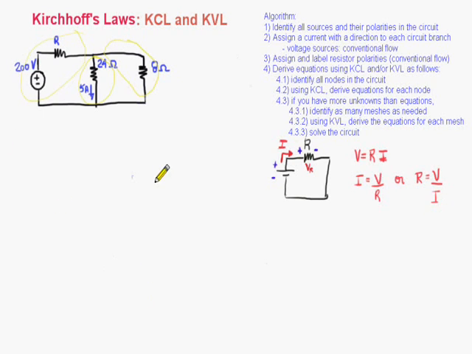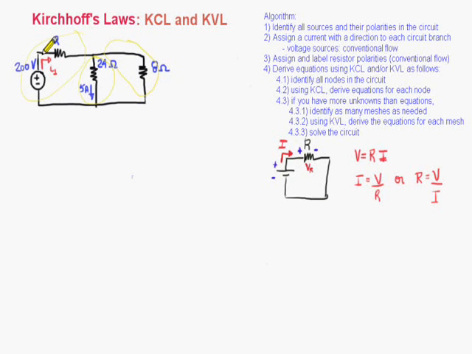So let's go back to our circuit and look again at number 2. We are going to assign a current with a direction to each circuit branch. In this branch, we already have a current, which is 5 amps. So we need to assign a current for this branch and for this branch. Since I'm using conventional flow, my current flows out of the positive terminal of my source, and I'm going to call this current I1.